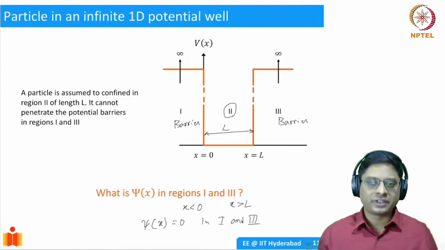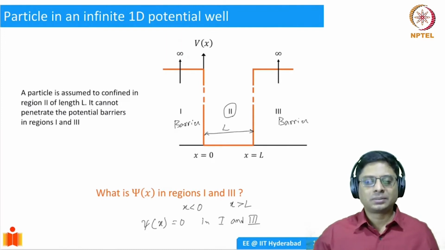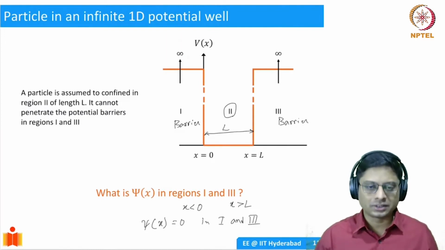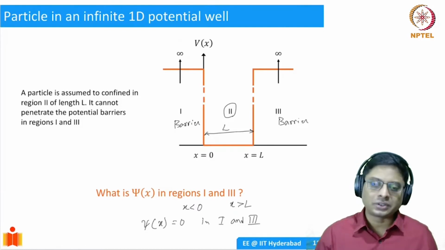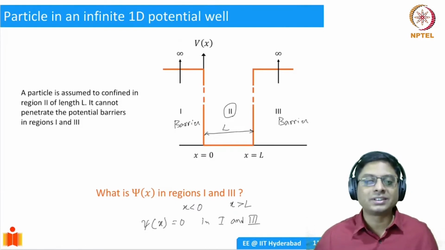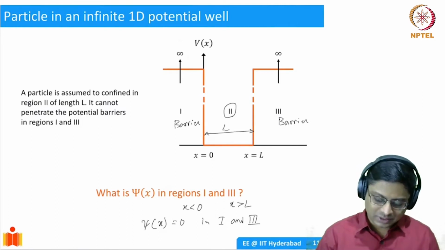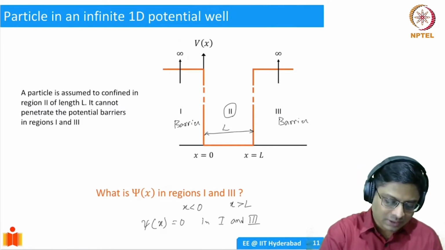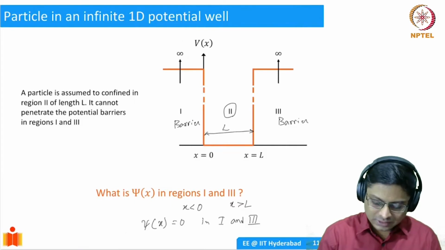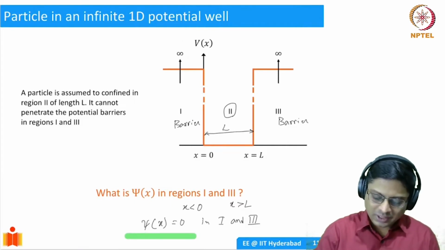Because if the wave function is non-zero, then the probability, given by mod psi square, is also non-zero. That means the electron can exist in that region, which is not allowed by the definition of the problem. We have taken an infinite potential barrier, so it cannot exist. That's why the wave function turns out to be 0 in region 1 and region 3.